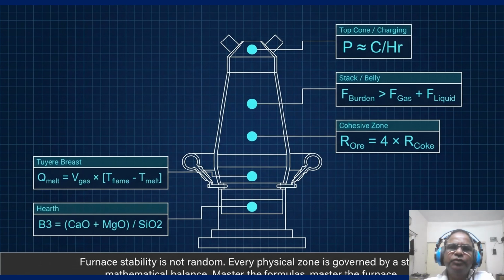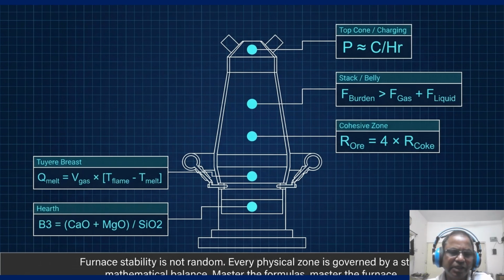Now, a map of the five critical zones and their governing balances is being shown in the slide. As you can see, on your right hand side there are three factors, and on your left side, two factors. On the right side, the first one is charging, the second one is the belly and stack, and the third is the cohesive zone.